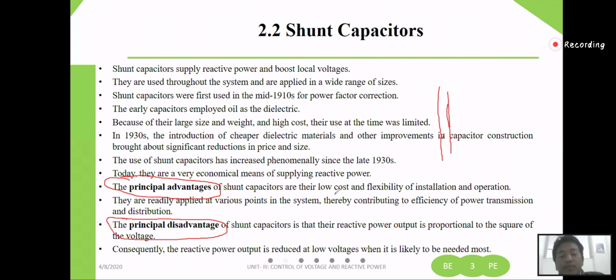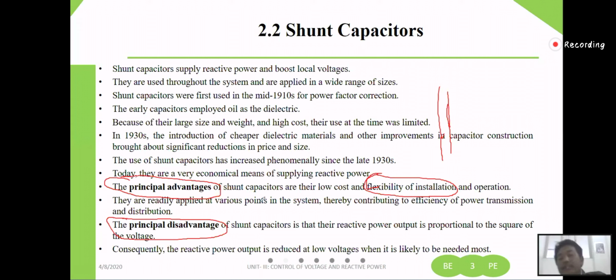At the same time it has flexibility of installation and operation, which means wherever you require it, you can install it. If it is required at the load bus, you can install and operate it there. That is the main advantage.